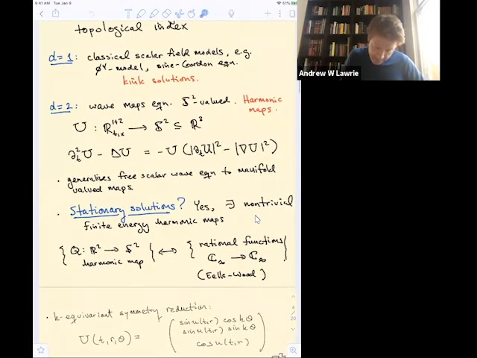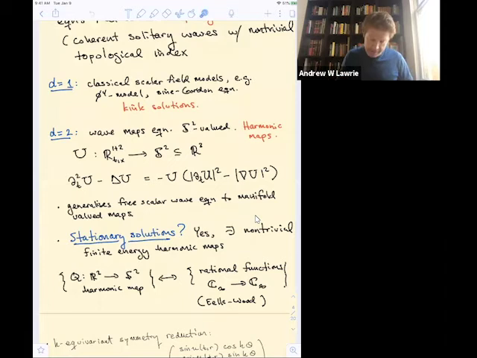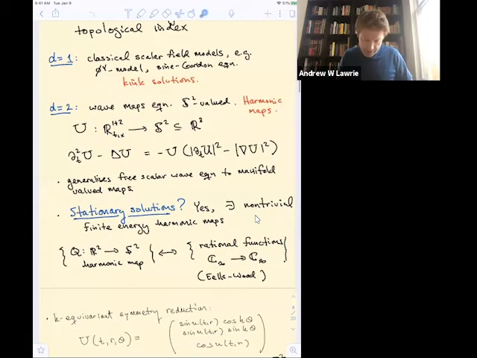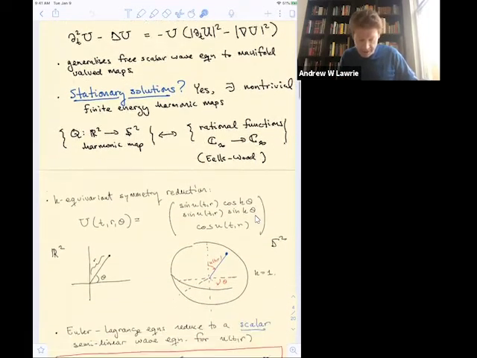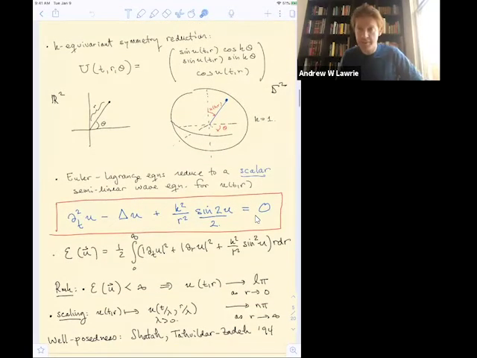So again, for my purposes, this version of the equation is a bit hard to study for several reasons, and I'm going to make a massive simplification. I'm going to consider what are called k-equivariant wave maps, which means I'm going to only consider solutions of the following form. Here r, theta are polar coordinates in R2. Remember, this is a vector in R3, an element of the 2-sphere, so spherical coordinates here, and I'm going to assume that the polar angle of the sphere u is a function of just t and r.